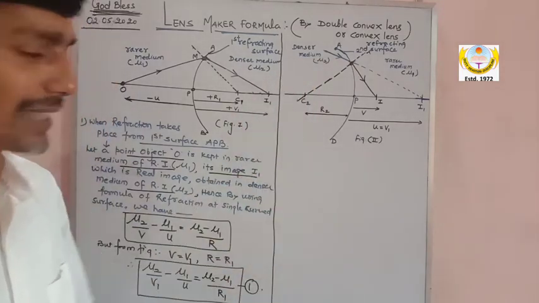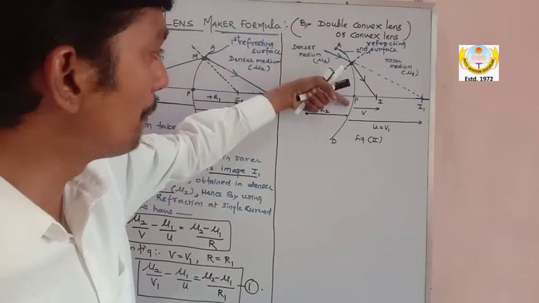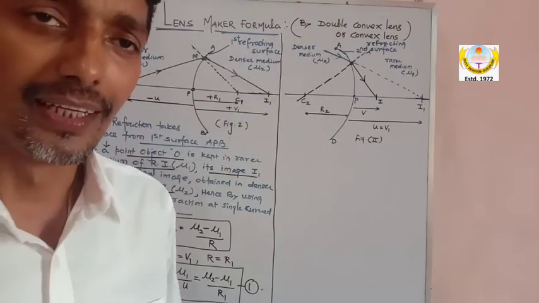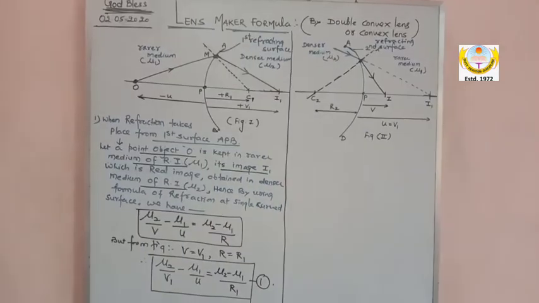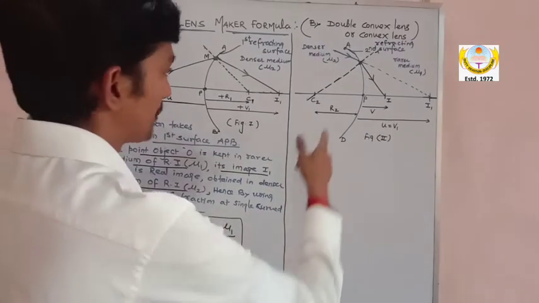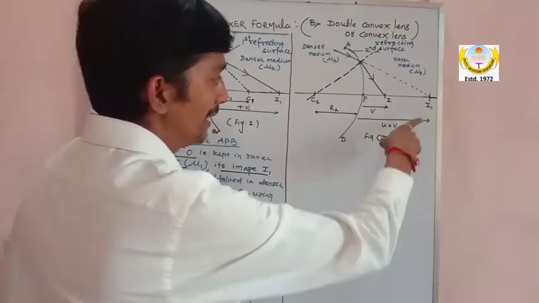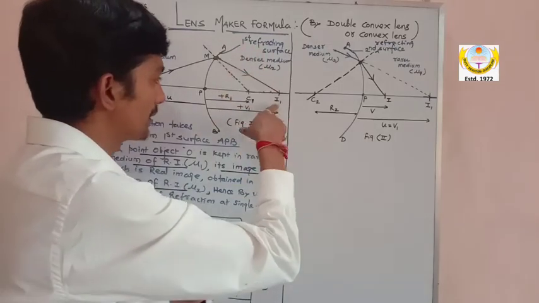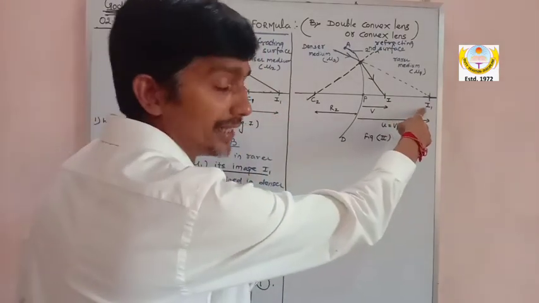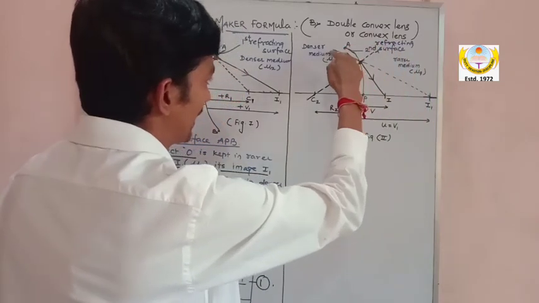Now when I go to the second refracting surface, the name of the surface is APD. You can see the figure. The second refracting surface is APD in the figure. So now my dear, when the refraction takes place from the second surface APD, you all can see this image I1, which was real due to the first surface. You can see I have produced it over here. You can see this line carefully, my dear.